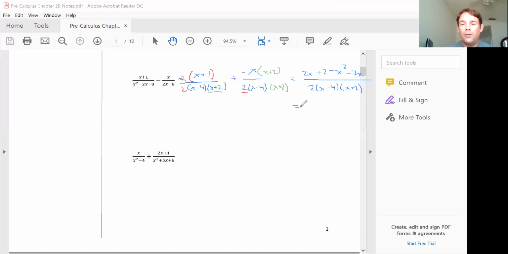And what do we got here? That gives us a negative x squared plus 2. And then we have 2 times x plus 2, x minus 4.